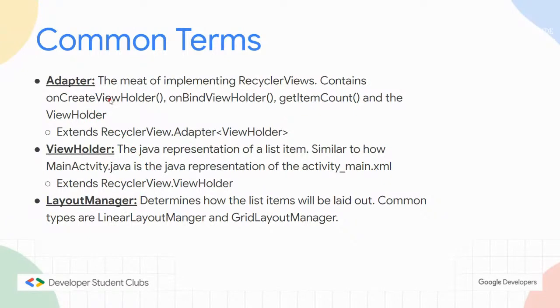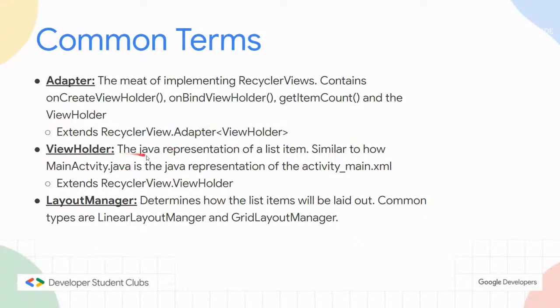It creates those 2 methods that we spoke about, right? On create view holder, on bind view holder. It stores the code that is going to be put in these 2 methods. This will be called less number of times, this will be called more number of times. Let's get used to these cool terms.